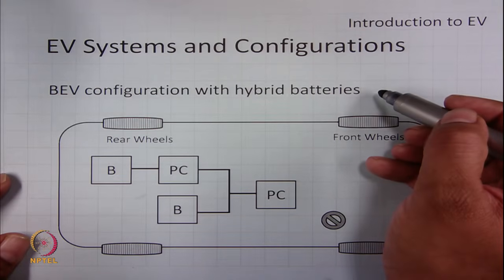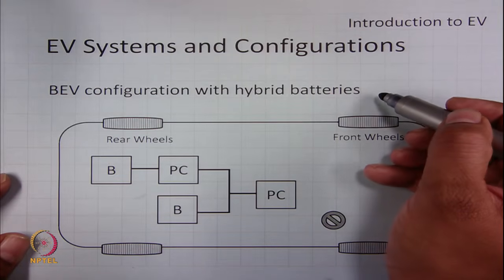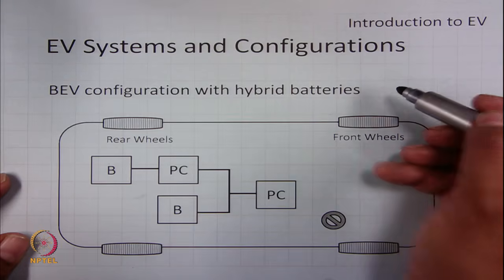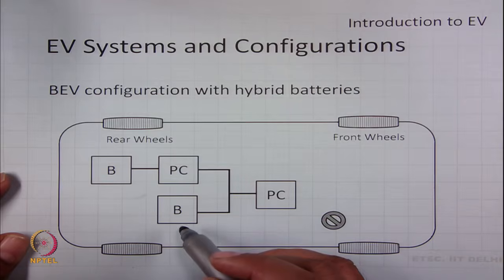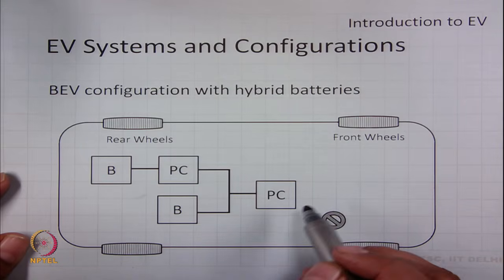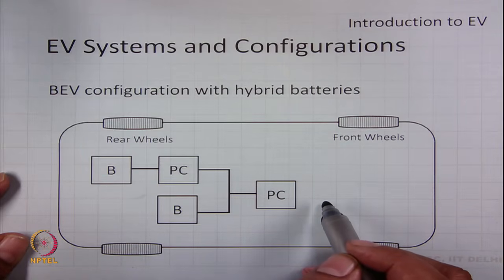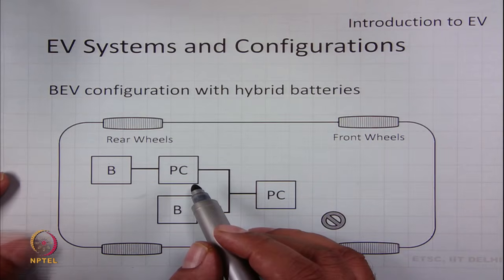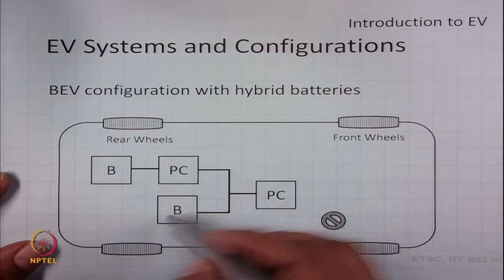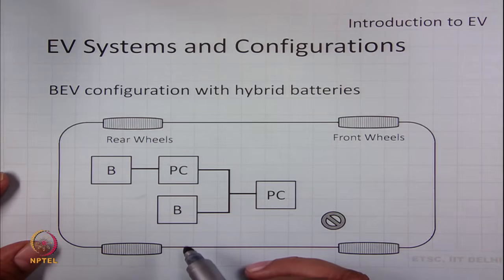Therefore, normally we go for hybrid battery systems. In hybrid battery systems, two batteries are used to operate the motor, and these batteries are connected using a power converter, such that the power flow between these batteries can be controlled.